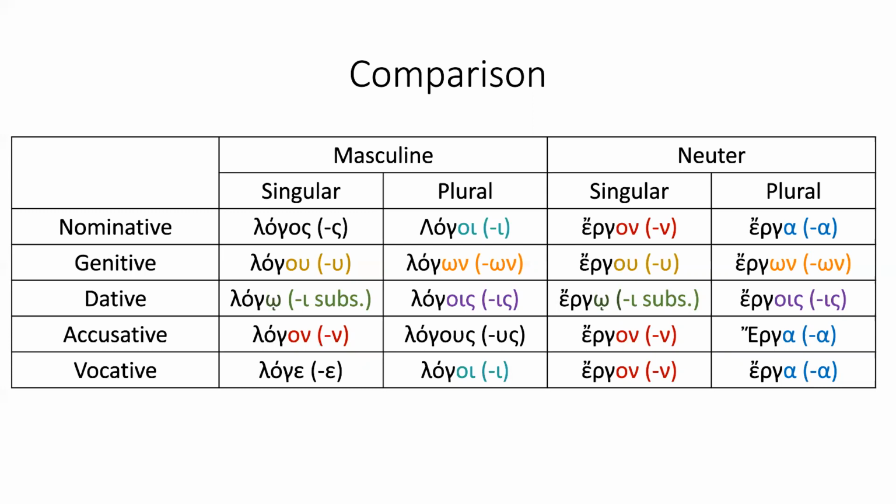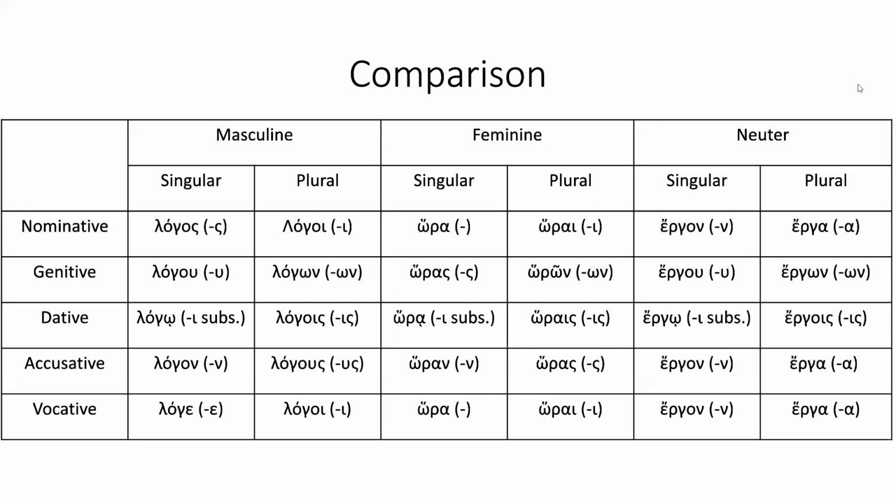I just wanted to compare this not only to the masculine and the neuter, but also to the feminine. So we're going to look at the words logos, meaning word, ergon, which means work, and hora, which is a feminine word we learned last chapter, meaning hour or time.